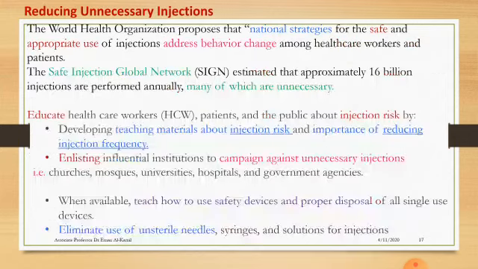One of the important procedures to prevent these viruses or this infection in people is what is called reducing unnecessary injections. As we mentioned, injections are the most important risky procedure for the transmission of infection.